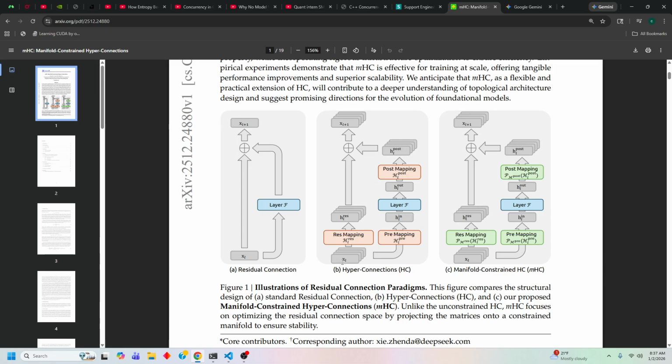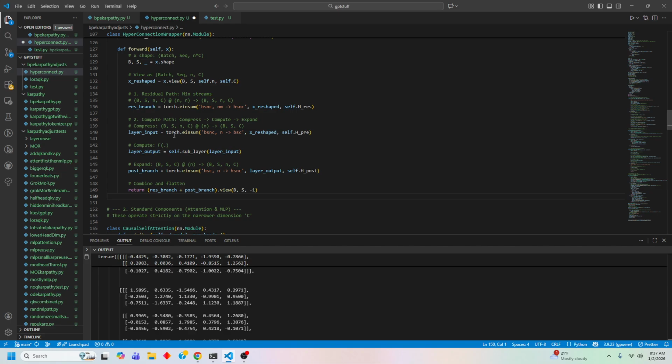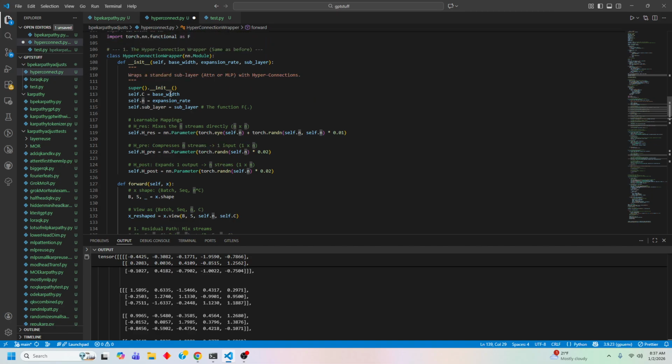There's the expansion part, and there is the, what did they call it? The N and C. N is the expansion, and C was the base width.